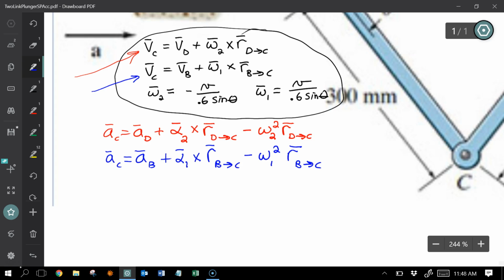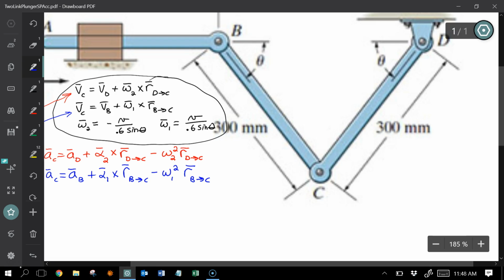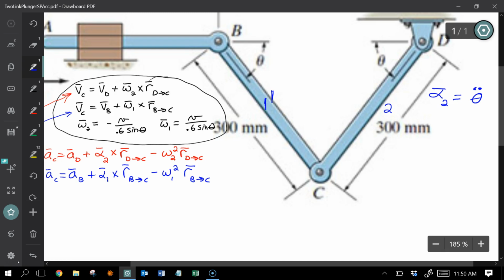Okay. So now, because these are simple angular velocities, we numbered this one body 1 last time, and this was body number 2. So the alpha of body 2, because it's simple angular velocity, is the second derivative of an angle. So the angle would be theta double dot, and then k. The positive direction was counterclockwise, if you remember.